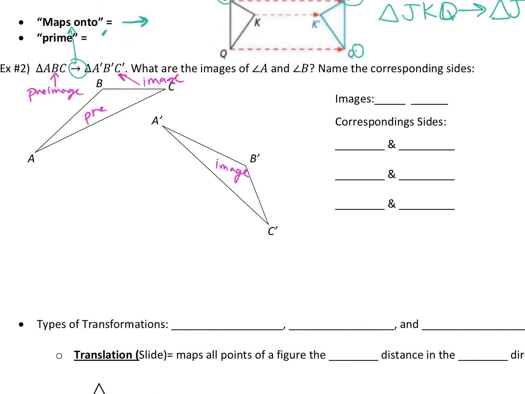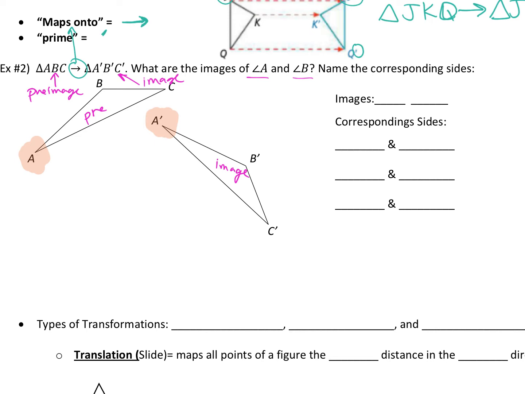What it says is, what are the images, in other words, what are the new angles of angle A and angle B? So what is the image of angle A? Here's angle A right here. A prime. The new image is A prime. Okay, so you're just matching up corresponding parts, which when they use the same letters is glorious, right?